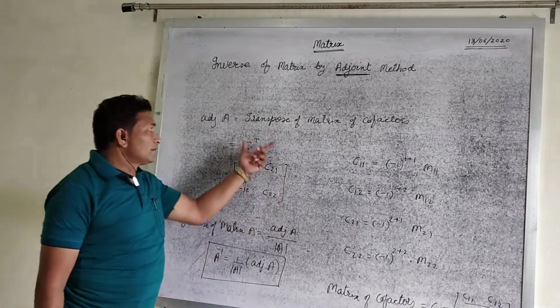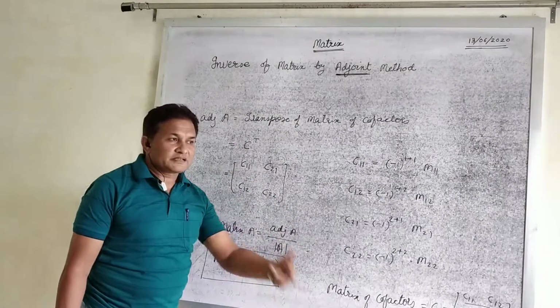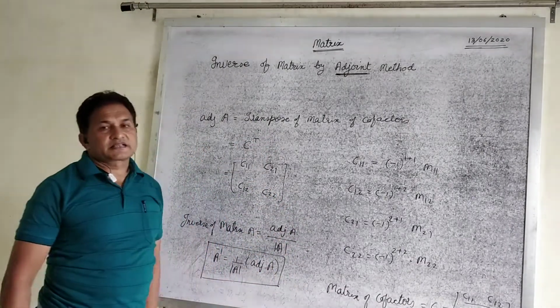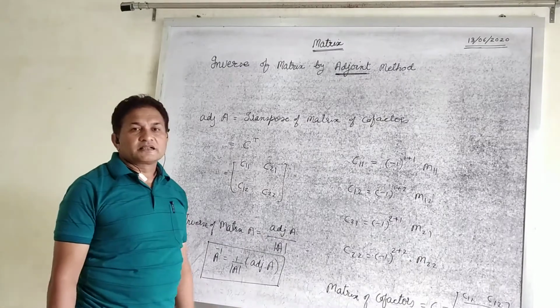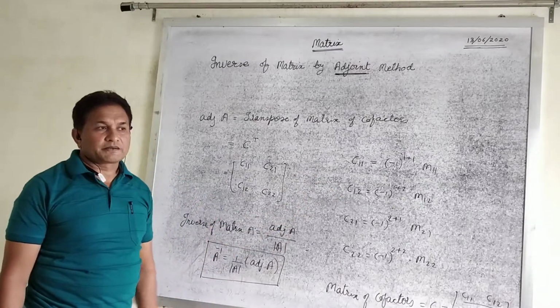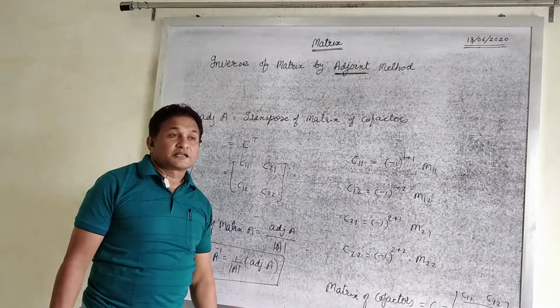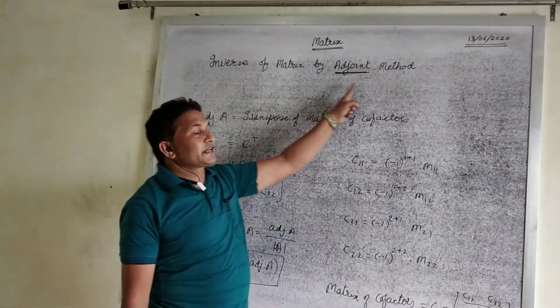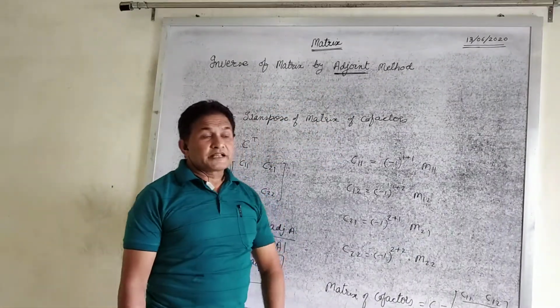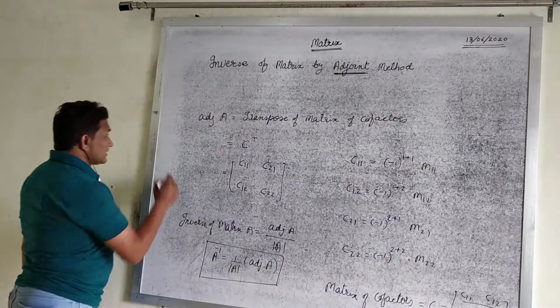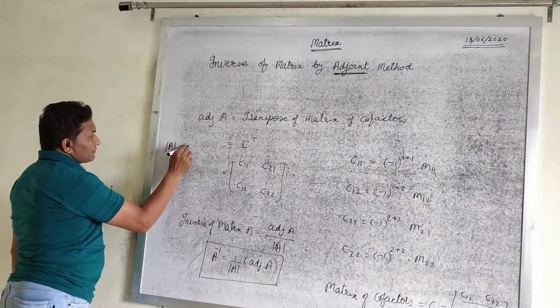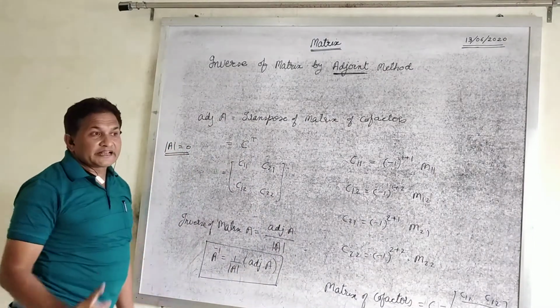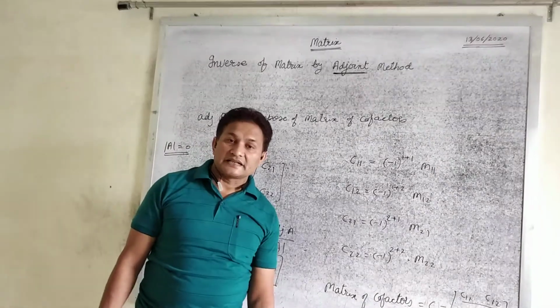So this is for 2 by 2. For the second example, we consider the matrix 3 by 3, but it is better to solve examples of 3 by 3. So this is the basic information to find the inverse of a matrix by using adjoint A. Again, please remember one thing. If the determinant of A is equal to 0, then the inverse of the matrix does not exist.